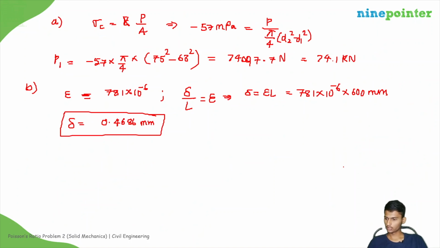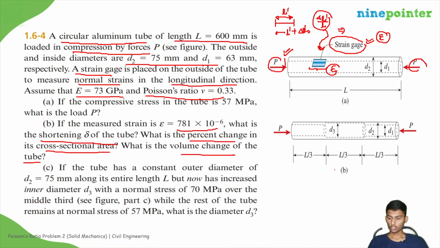Now if you see the question in part B, they also asked for the volume change of the tube. Then how will you calculate? See, you can write delta V by V as (A into length L) divided by AL. This is the initial one.